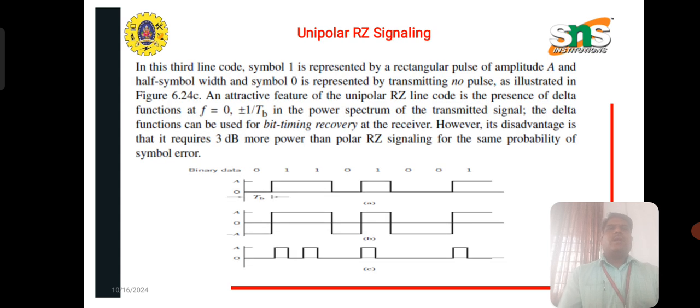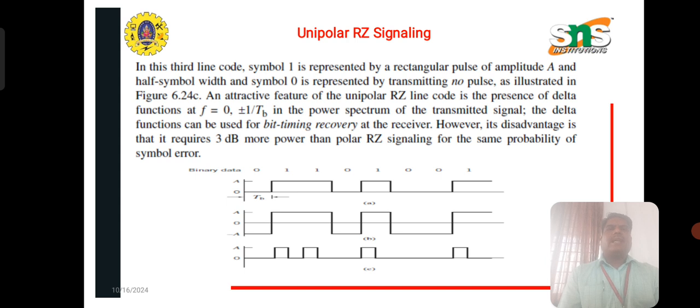Third one, unipolar RZ signaling. In this third line code method, symbol 1 is represented by a rectangular pulse of amplitude A and half symbol width, and symbol 0 is represented by transmitting no pulse. An attractive feature of unipolar RZ line code is the presence of delta functions at f equal to 0 and plus or minus the bit rate in the power spectrum of the transmitted signal.